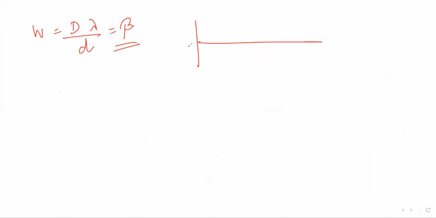Remember, the consecutive bright and dark fringes: dark, bright, then dark, bright, up till here. This is what my fringe width is. Yesterday we studied this topic.